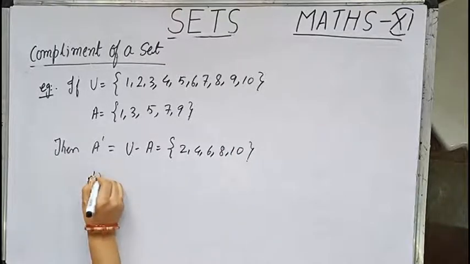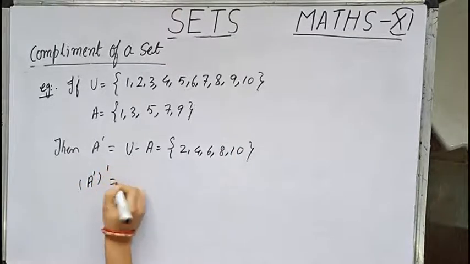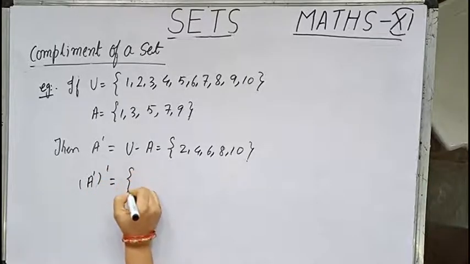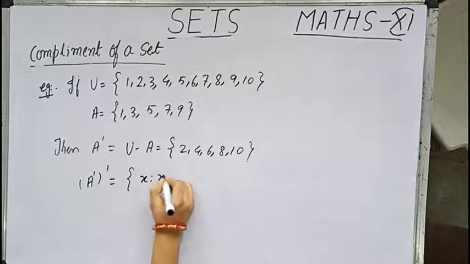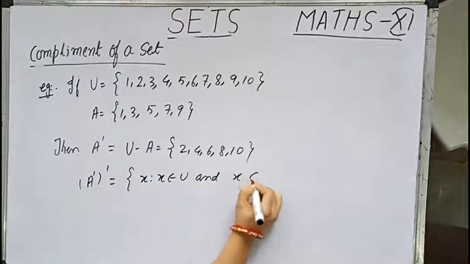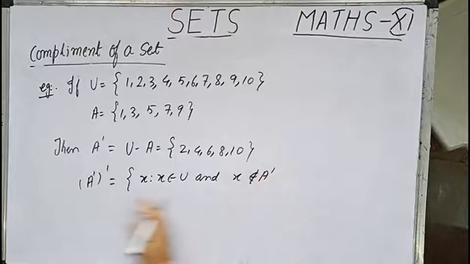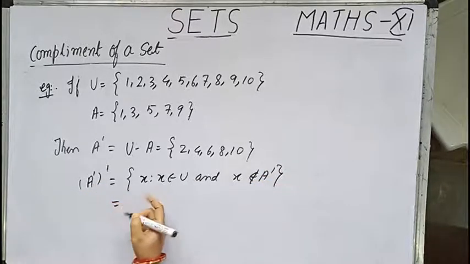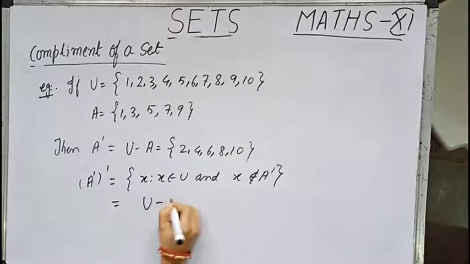Also, A complement is the elements which are not in A, that is we can write X such that X belongs to U and X does not belong to A complement. Then we can write this equals U minus A complement.